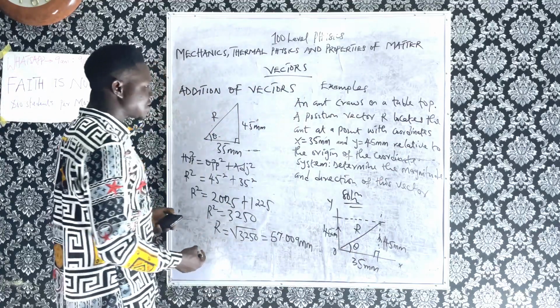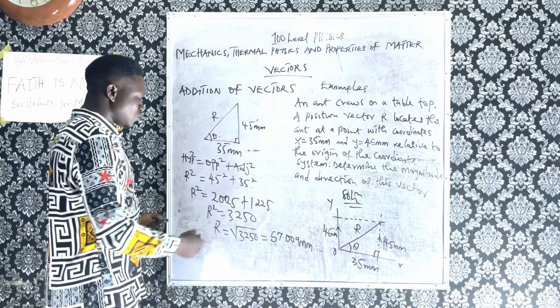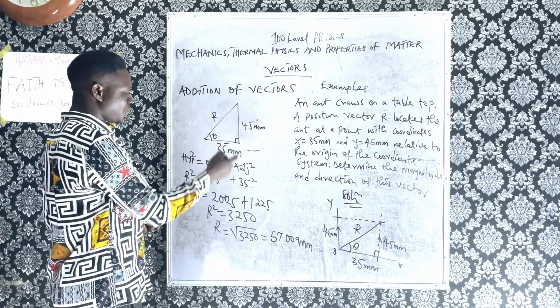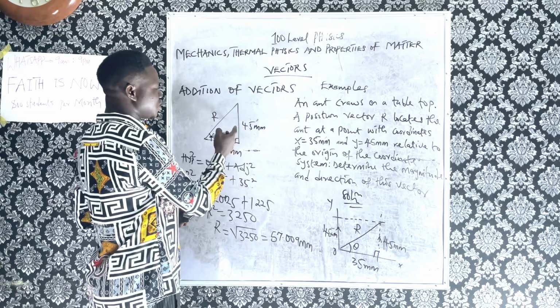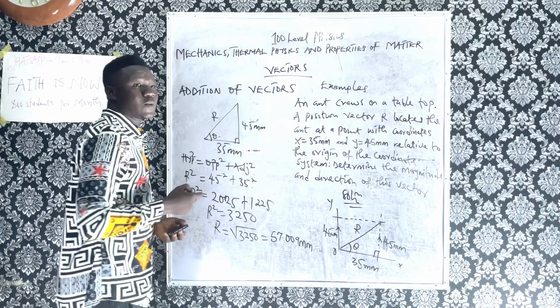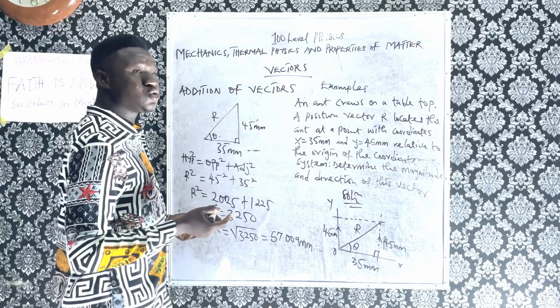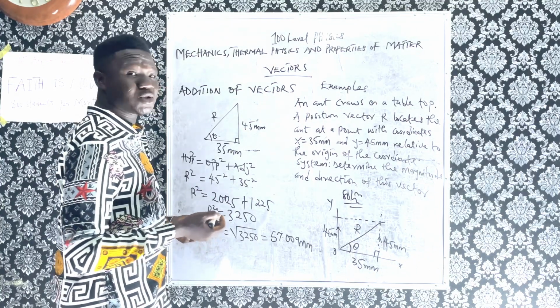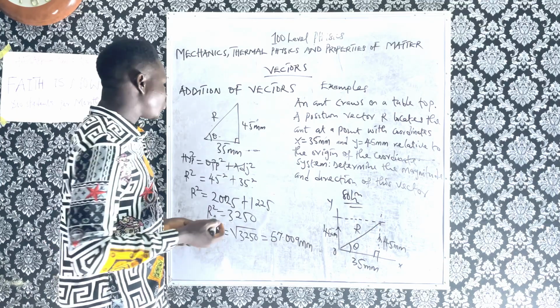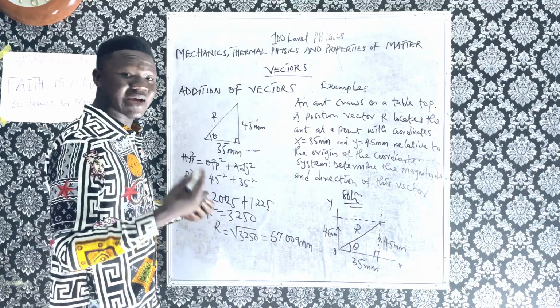Now how do we get the direction? From this place we can just say this is opposite and this is adjacent. We can use any of the trigonometry ratios. We can use sine, we can use cos, we can use tangent.